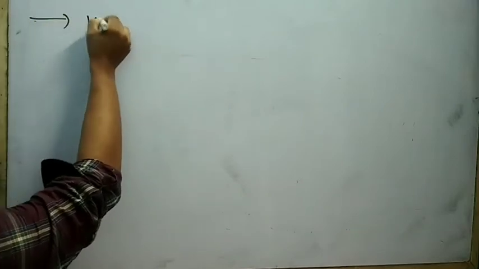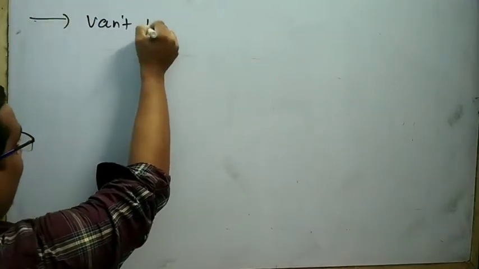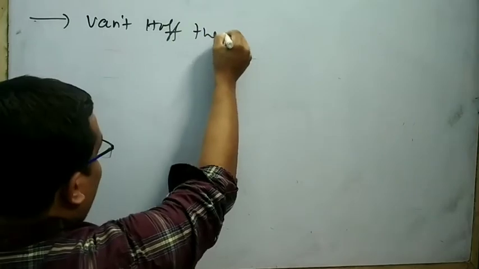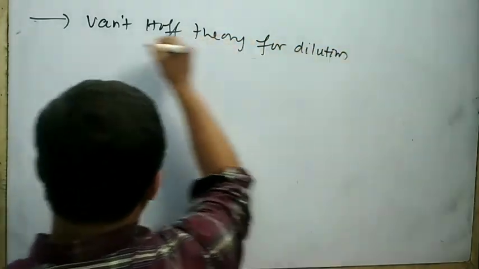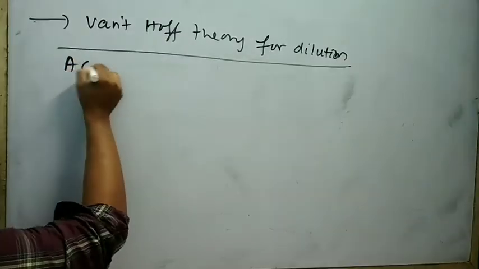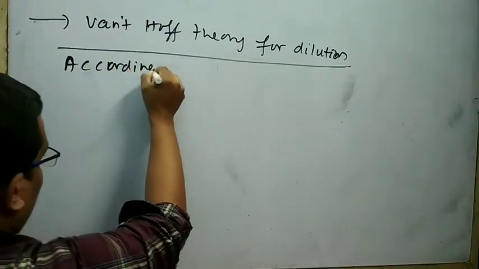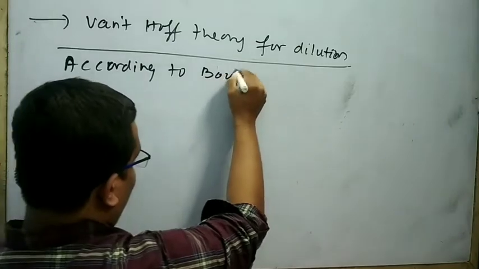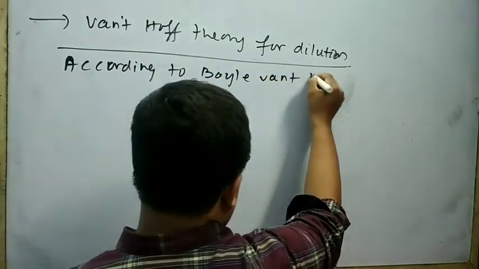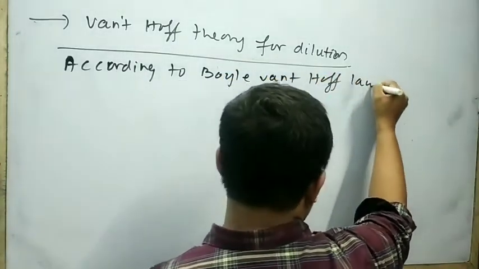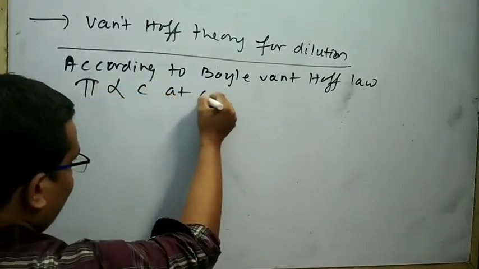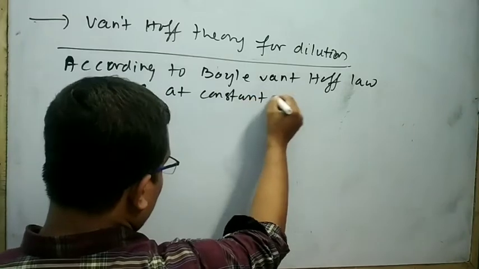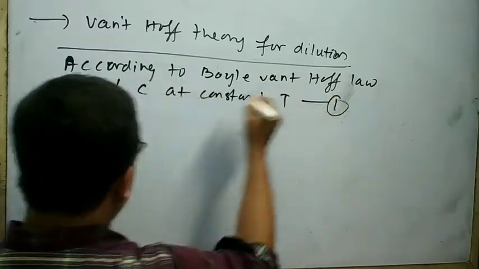Next, I will explain the Van't-Hoff theory for dilute solutions. According to Boyle-Van't-Hoff law, I can write pi proportional to C at constant T. Suppose this is 1.